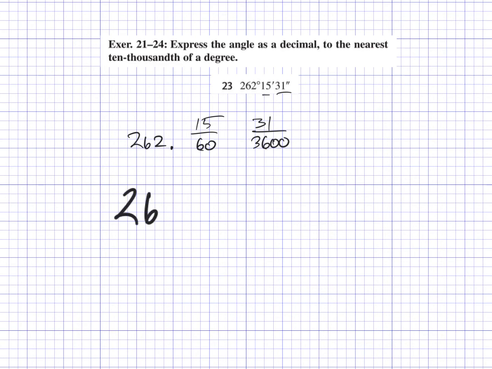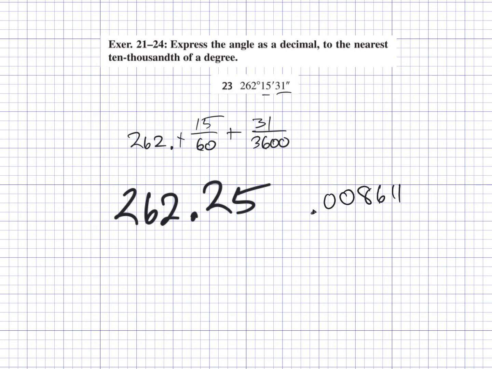So you have 262.25, and then take 31 divided by 3600, and you get 0.008611. Let me see what that was again. Okay, so the decimals are in the same place, so you got to put all this together. So 262 plus the 0.25 plus the 0.008611.